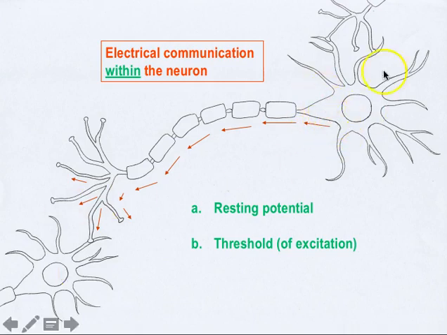Again, it's having these competing messages, send the message, don't send the message, and as soon as the message gets loud enough, it reaches the threshold of excitation, enough stimulation to say do it, and then it will initiate what is called the action potential. The action potential is just the fancy term that describes this firing of the electrical message down the axon.